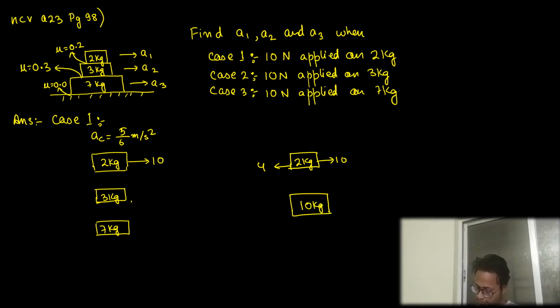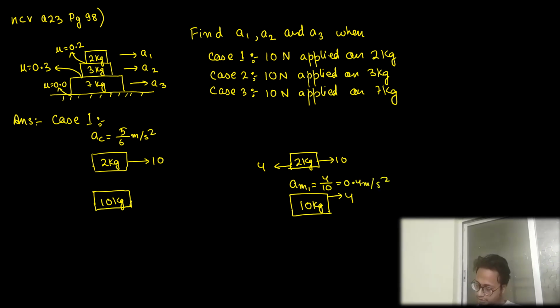Out here also let's combine the blocks: 10 kg and 2 kg. Now this 10 kg will experience a force of 4, where maximum acceleration is 4 divided by 10, which is 0.4 meter per second square.